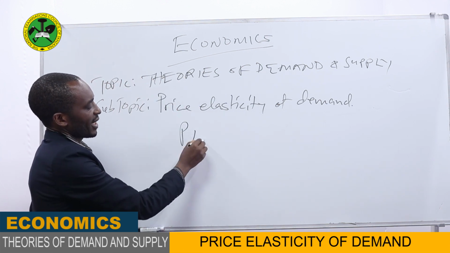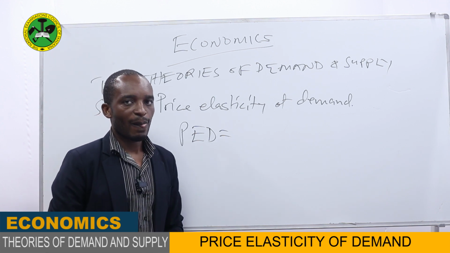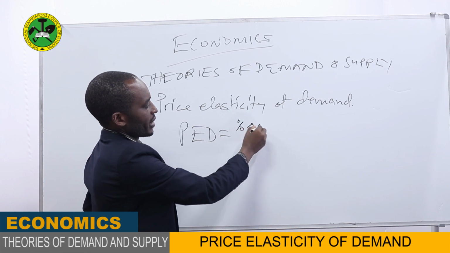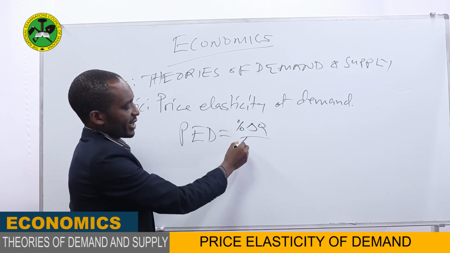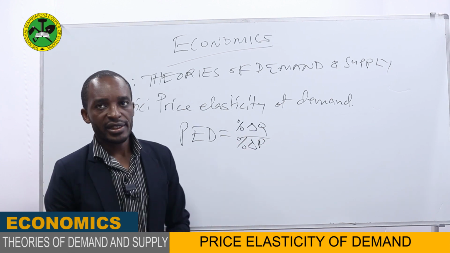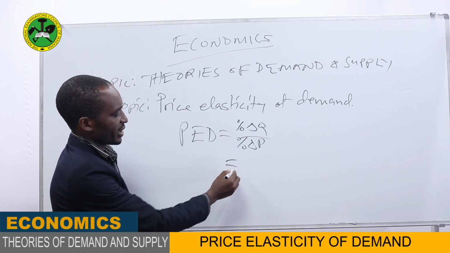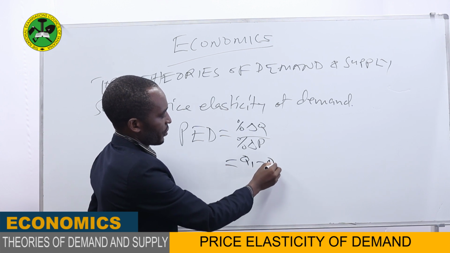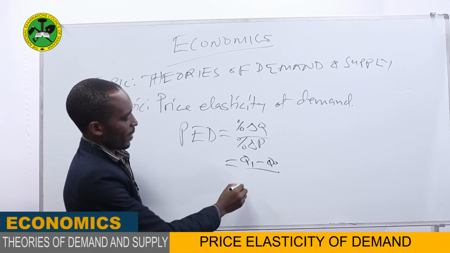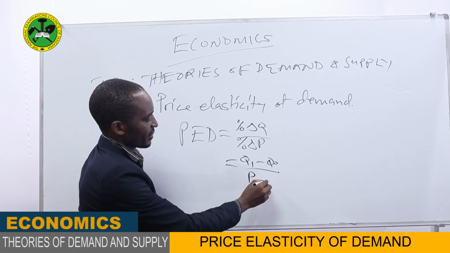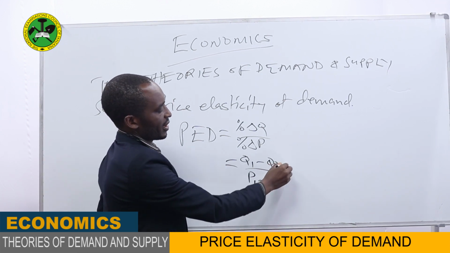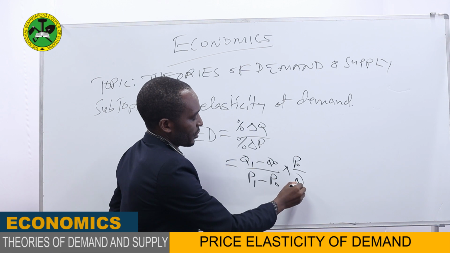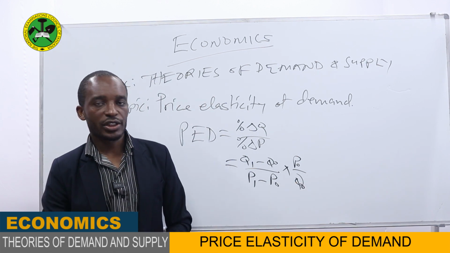So price elasticity of demand equals the ratio between the percentage change in quantity over the percentage change in price, the same as (Q1 minus Q0) over (P1 minus P0) times P0 over Q0.